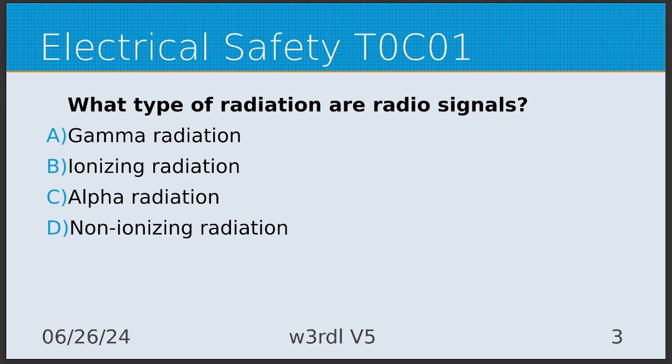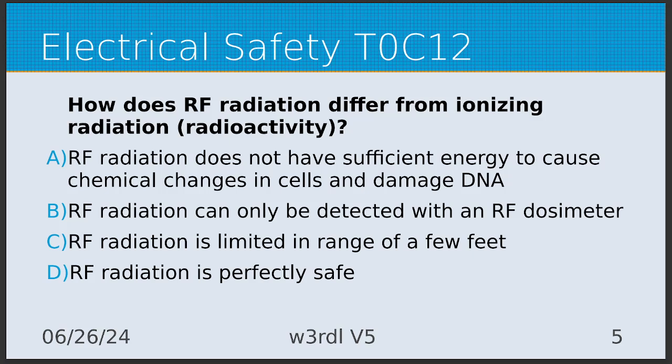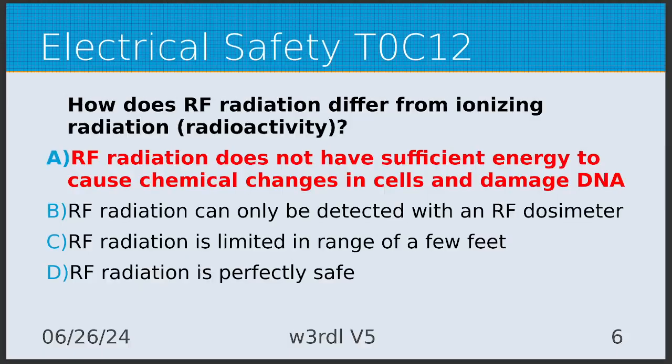What type of radiation are radio signals? Non-ionizing radiation. Thank you very much. How does RF radiation differ from ionizing radiation? RF radiation is perfectly safe. Chemical changes in cells. Yep.